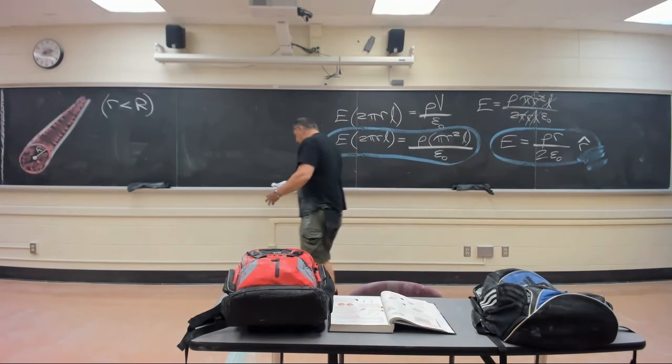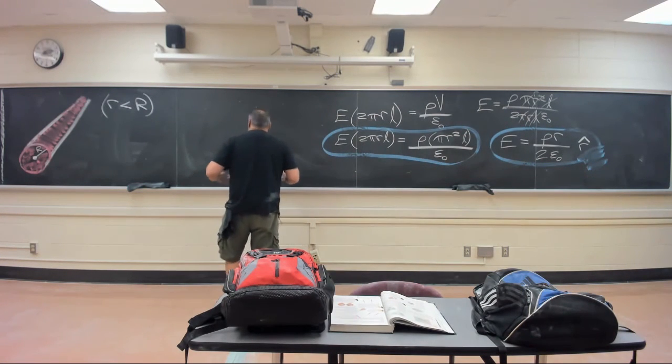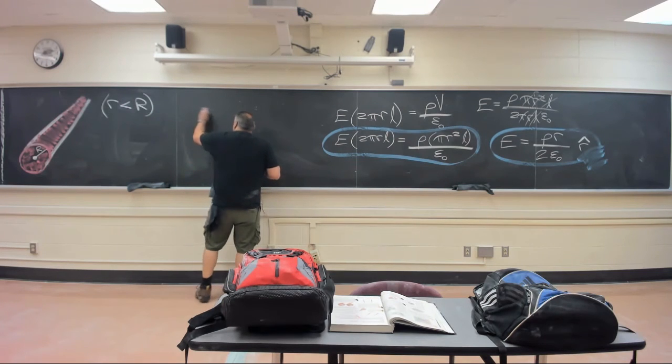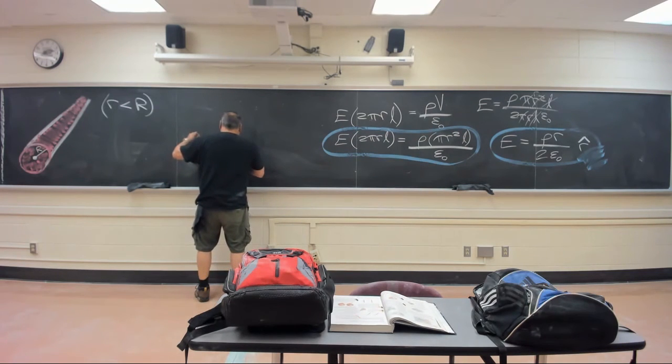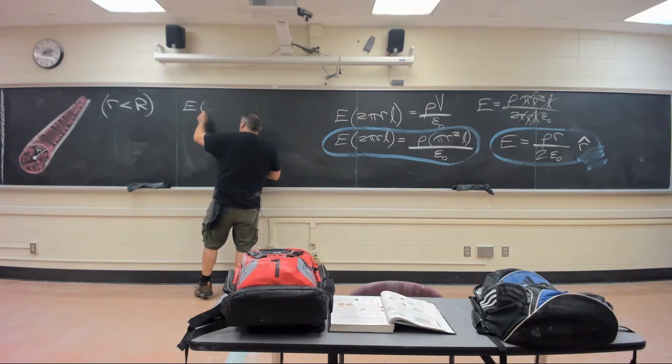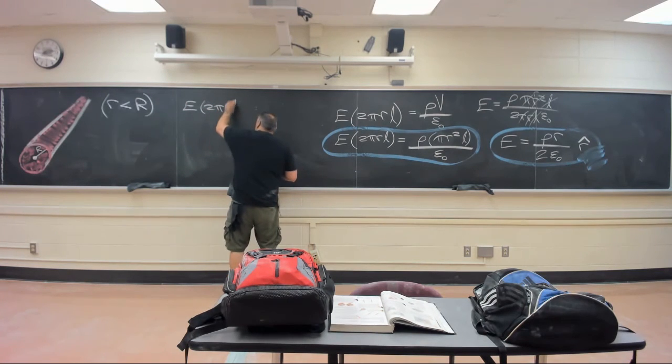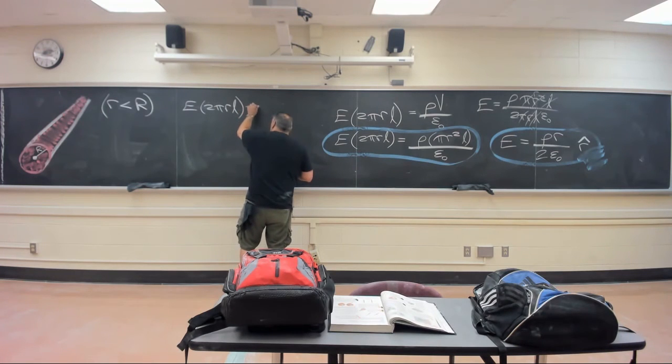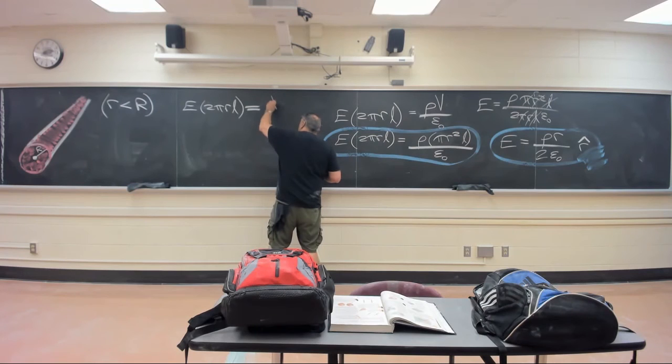We have said, very recently, I kind of beat it up pretty good. We talked about the linear charge density. We got E here. How does this compare? E times 2 pi r L equals Q over epsilon naught.